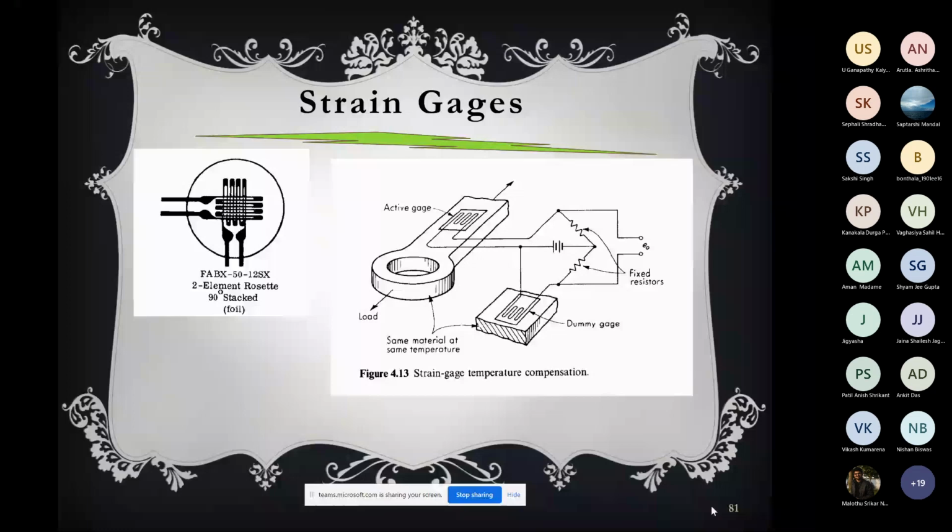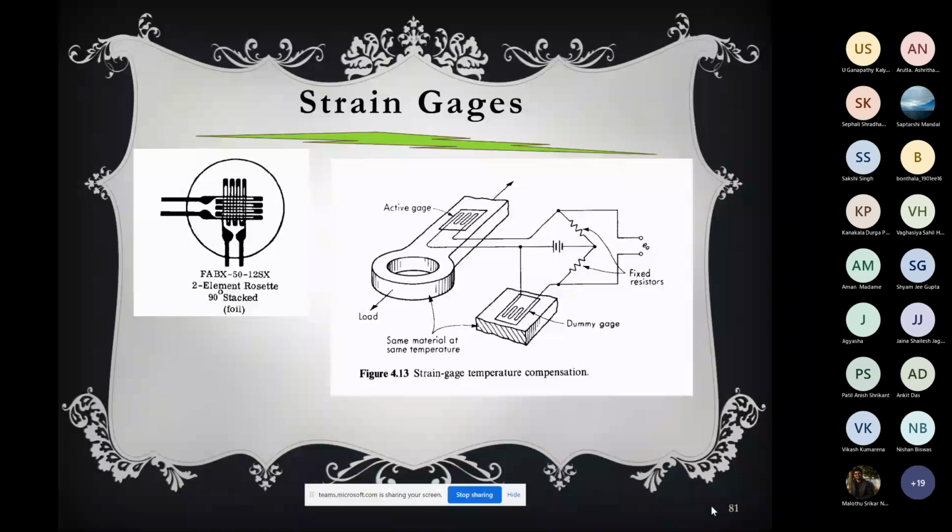Then the resistance will change and accordingly you will get an output and you will say that some strain is acting, which is wrong. So temperature is an interfering input for strain gauges and it is very annoying. So we need to do something so that the temperature effect can be nullified.